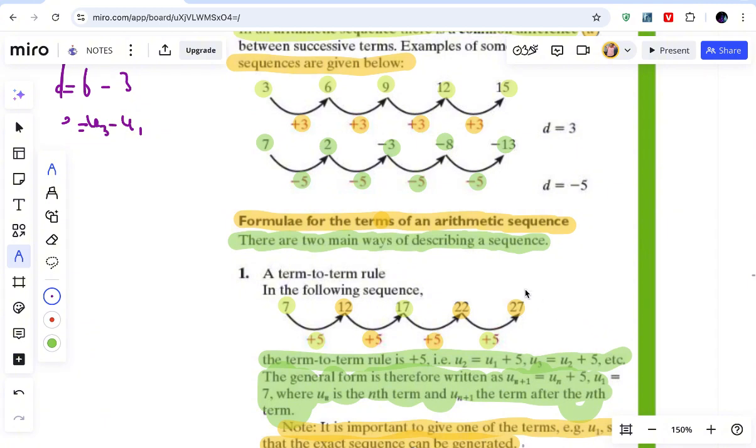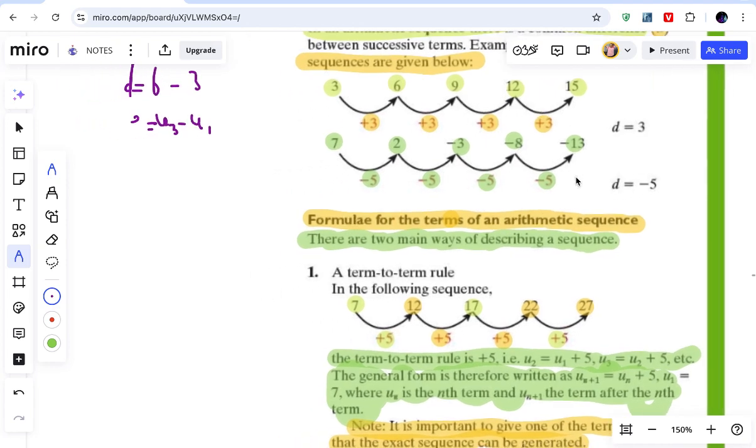Okay, so the arithmetic sequence has a formula. To get the next term, you just add the common difference to the previous one. We have one formula for the nth term of an arithmetic sequence.